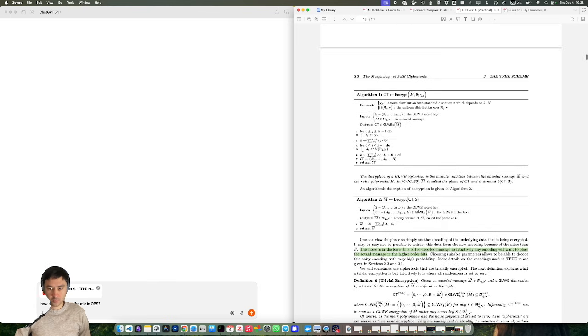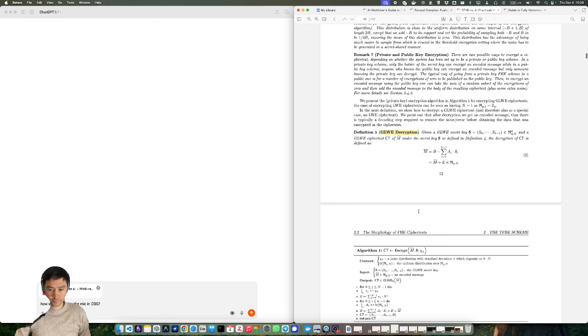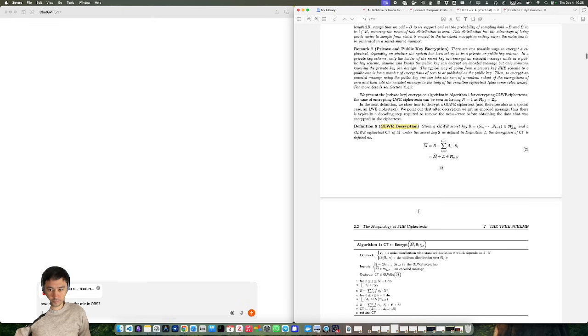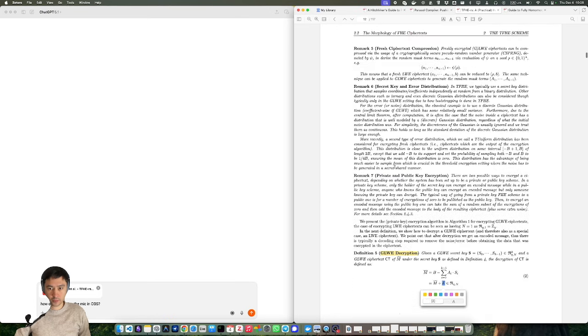So they don't really explain how to decrypt, right? They don't explain how to remove the noise so far. Maybe explain that earlier, I don't know.